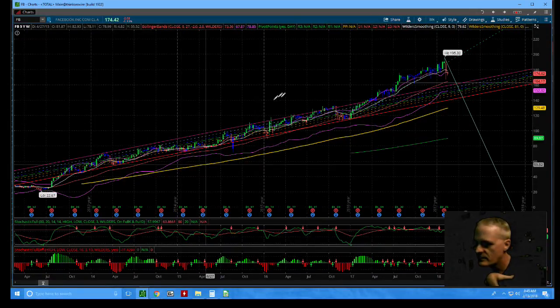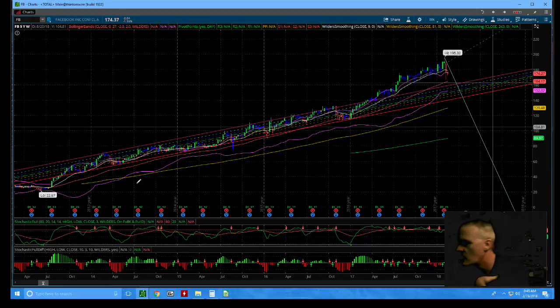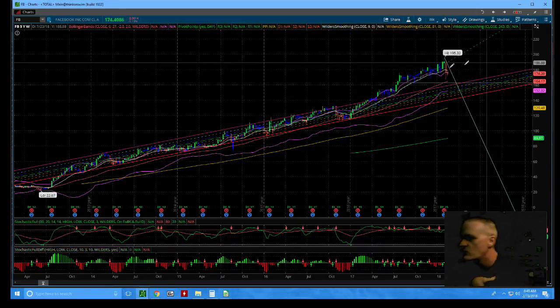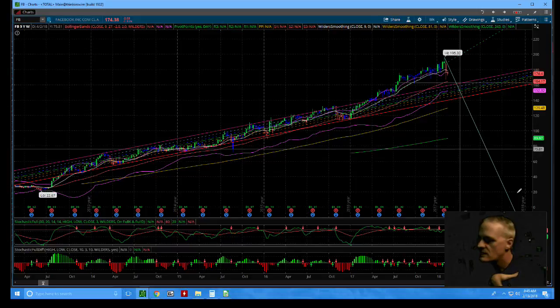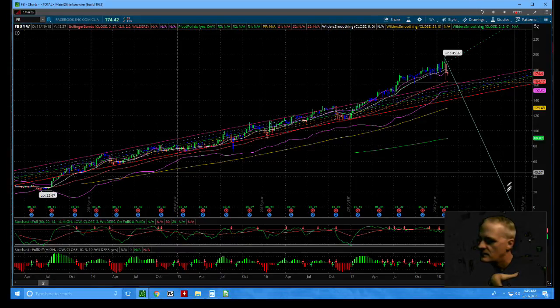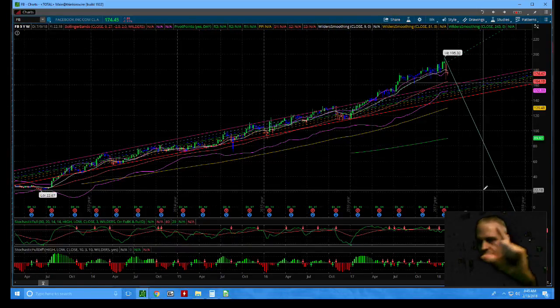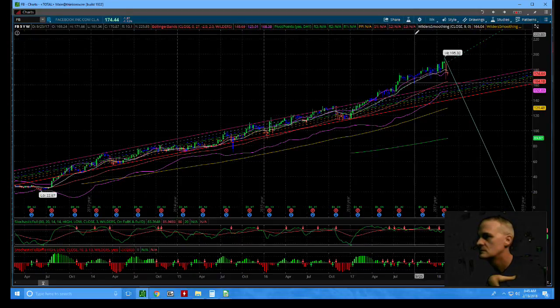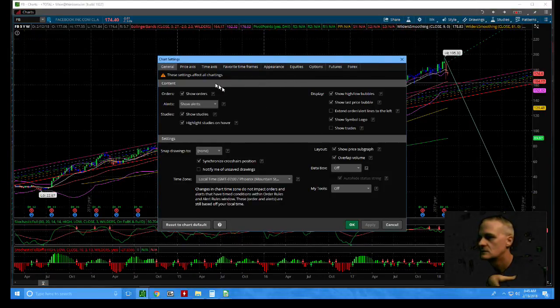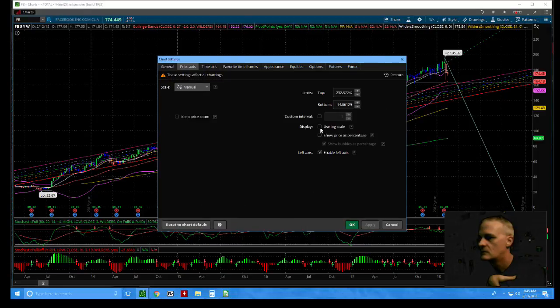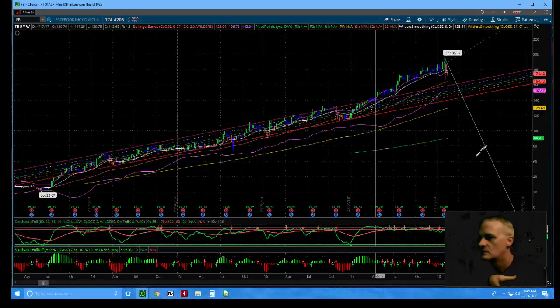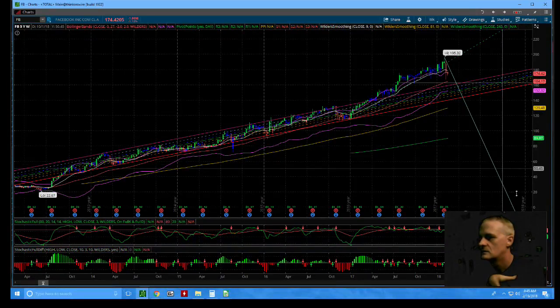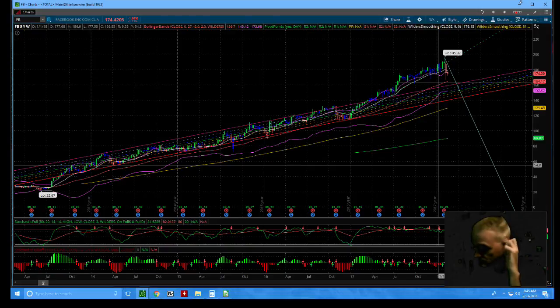Another thing that can affect it is whether or not you're using log or an arithmetic scale. Log basically adjusts for higher prices, so it's more like a percentage. Like if this was a log scale, these prices would be pushed together. Although it really was not noticeable.